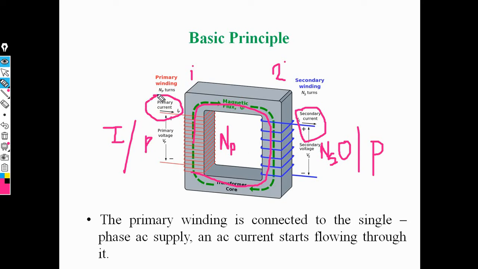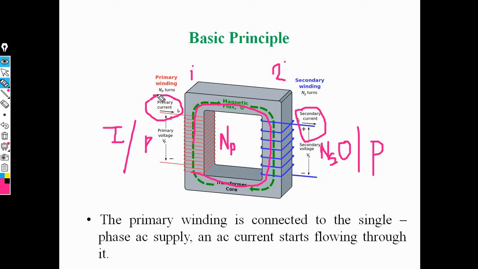Okay, now this is the working of a transformer based on electromagnetic induction, in which single phase AC supply voltage is given to the primary winding. Then the primary winding produces its own magnetic flux, and this magnetic flux passes from the input side of the transformer to the output side.